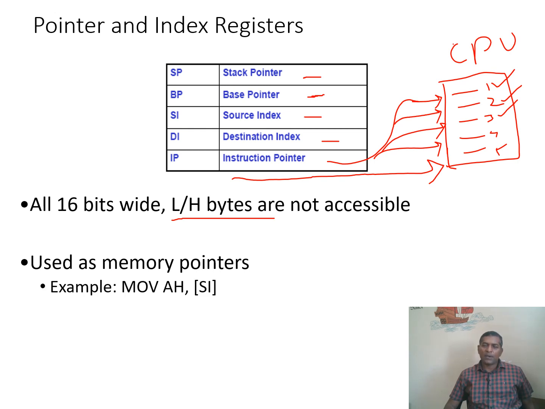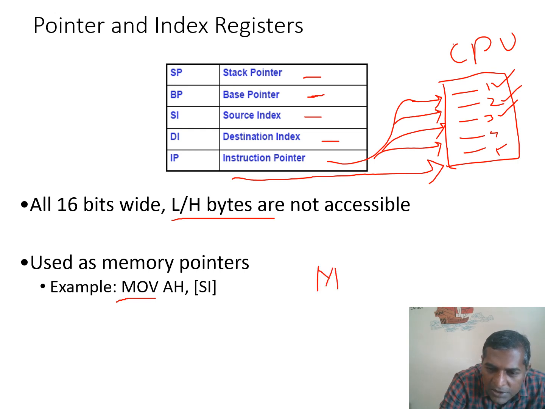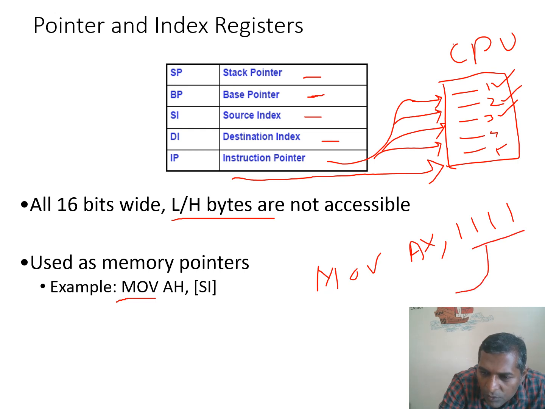This is an example of an instruction. What does this instruction say? I will provide an instruction like MOV. MOV is the instruction. It has AX and 1111. This 1111 information has to be transferred to the AX register.